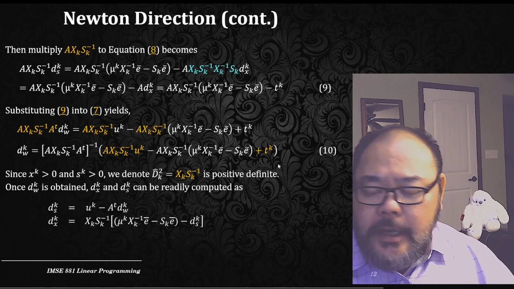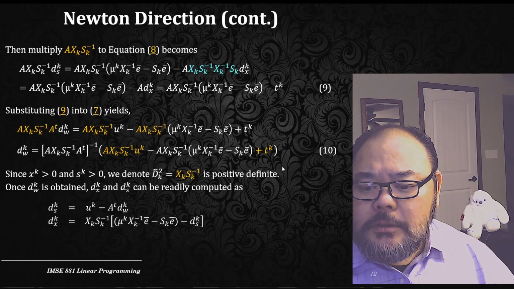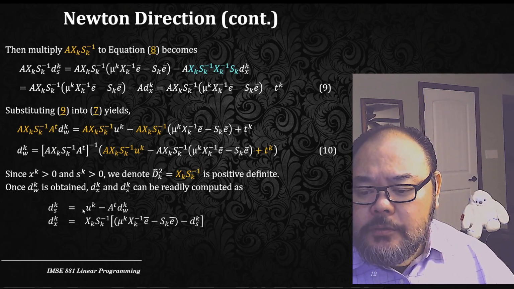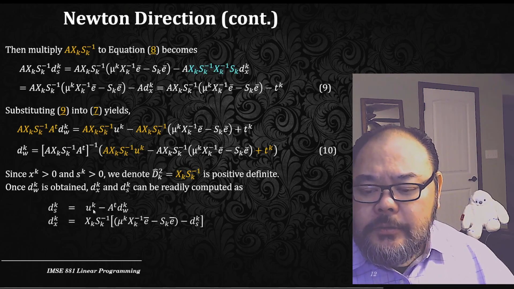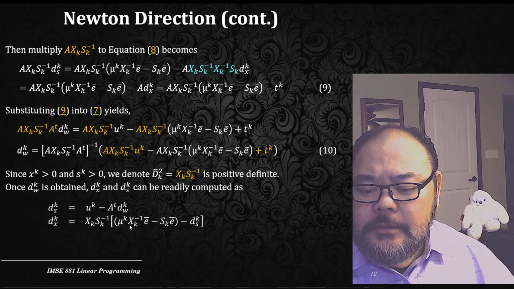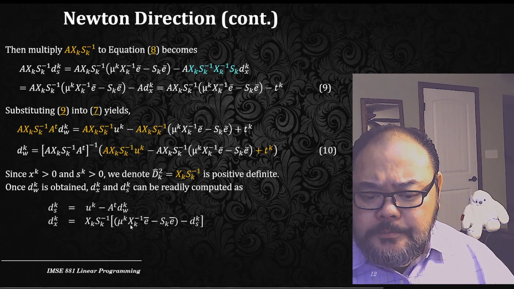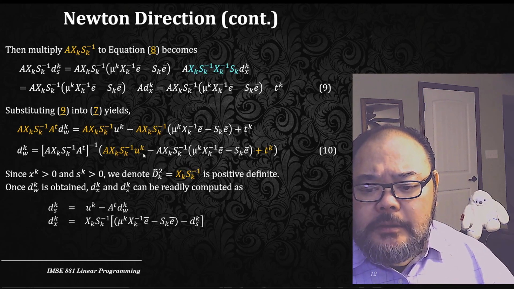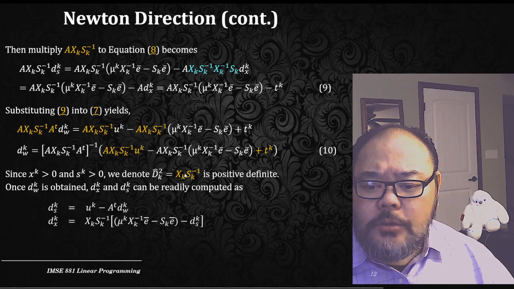I can still calculate the direction for the dual variables, and also, if it's not feasible, I can still calculate the direction for dsk, the dual slack. So it depends on whether the current solution is feasible to the primal or dual problem.